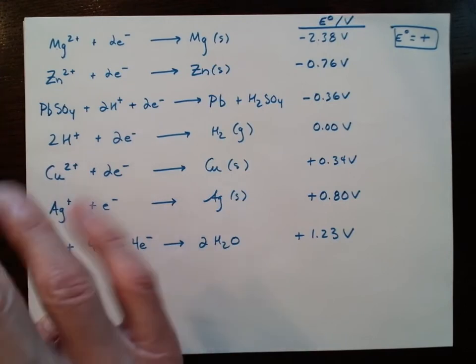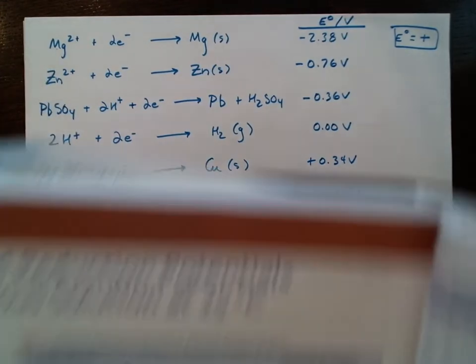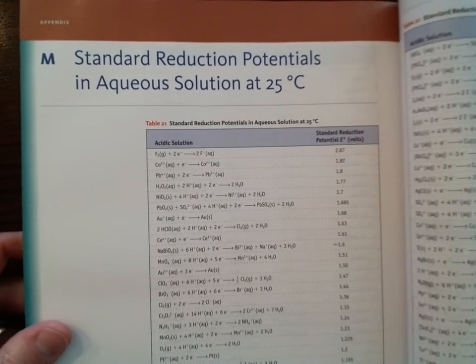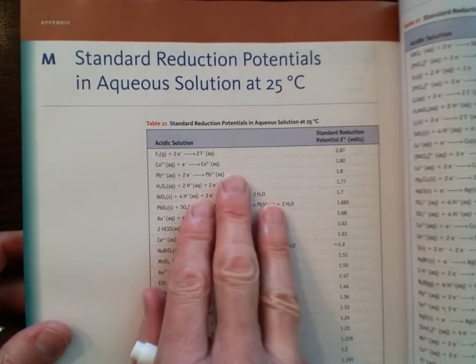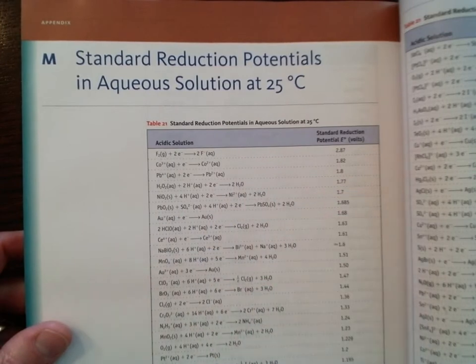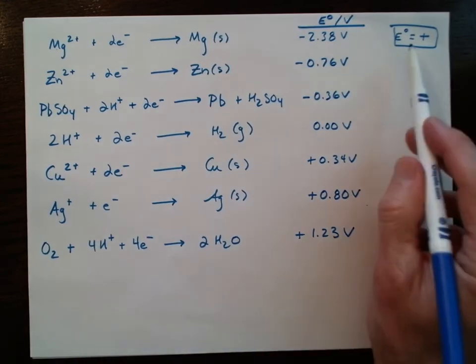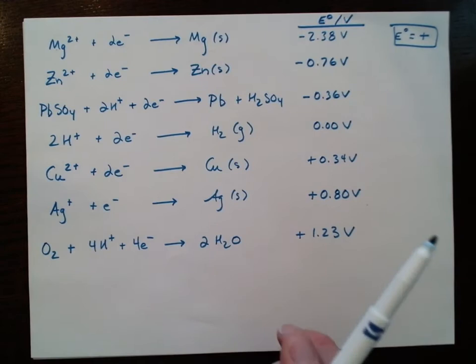So anytime I look at a redox reaction, I can go to this chart and find 2 half reactions, one in the forward direction and one in the reverse direction, that when I add them together give me the overall reaction, and then I can calculate the cell potential for what's going on.